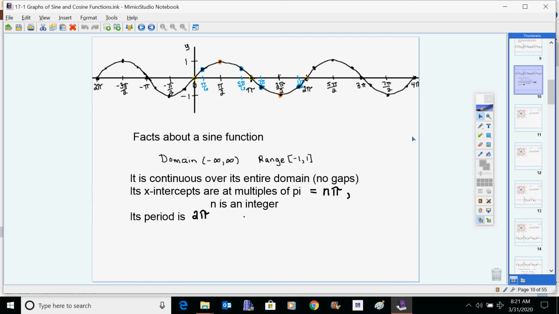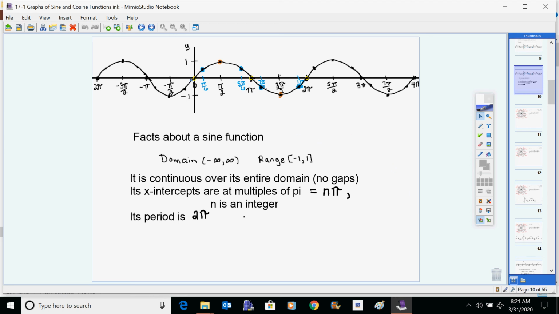When you're graphing these, you want to think about what values make sense for your domain and for your range. The domain is on and on forever, because you can keep going around that unit circle forever and continue to get sine values over and over again, because they're always values that you can calculate.